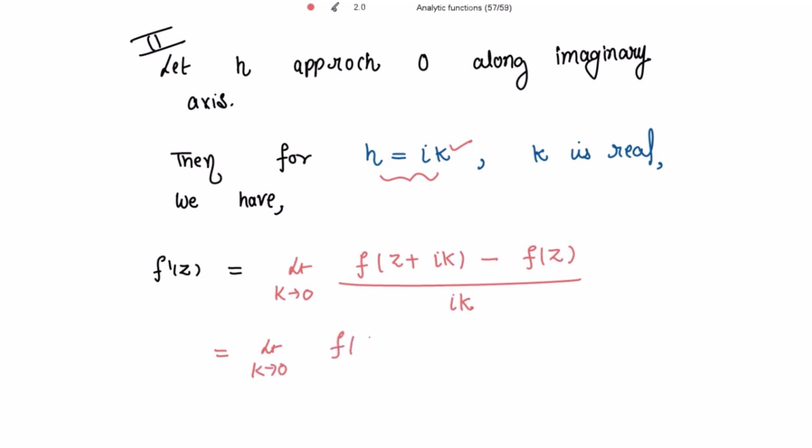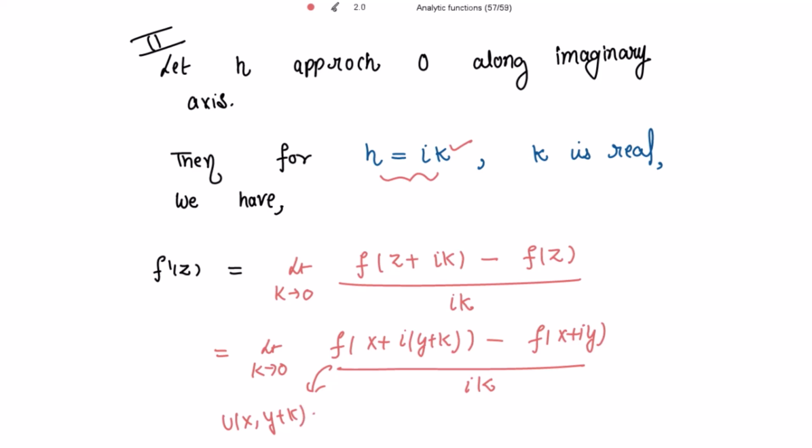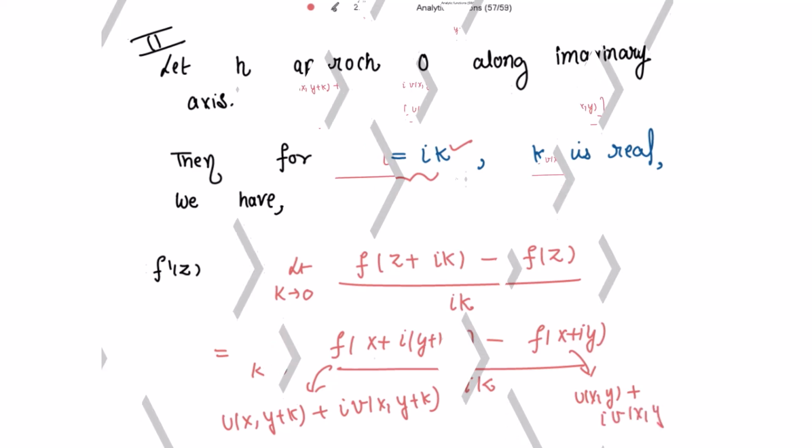Writing the value of z, this is [f(x+iy+ik) - f(x+iy)]/(ik), separating the real and imaginary parts. This is x + i(y+k), and writing this function in terms of u and v, that is u(x,y+k) + iv(x,y+k), and writing f(x+iy) as u(x,y) + iv(x,y).